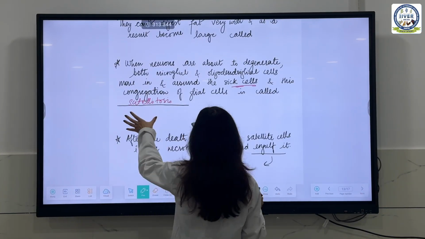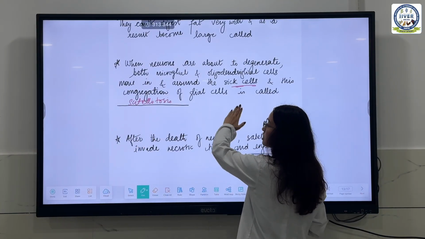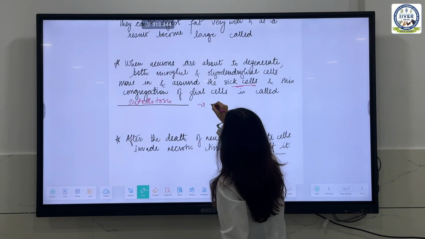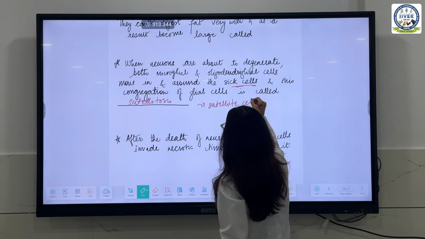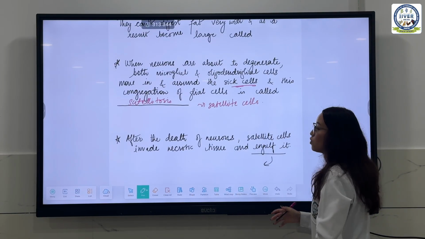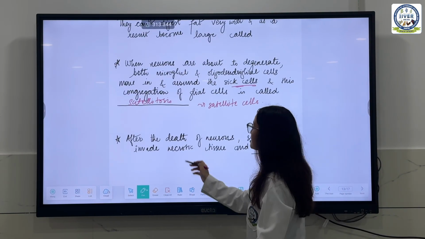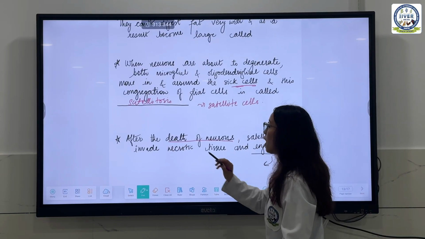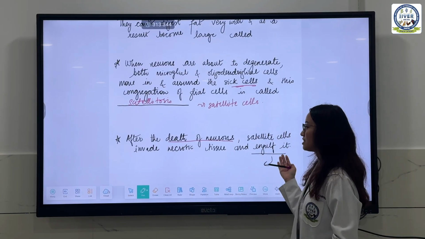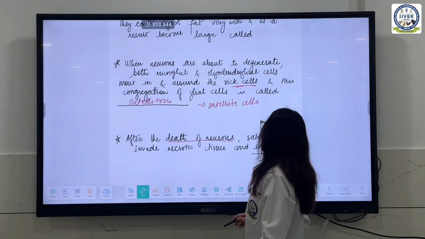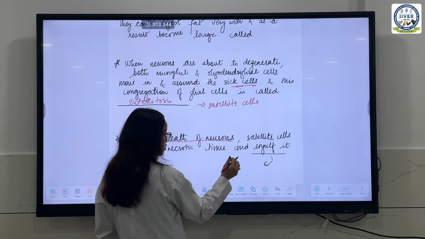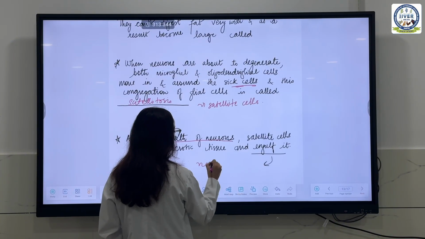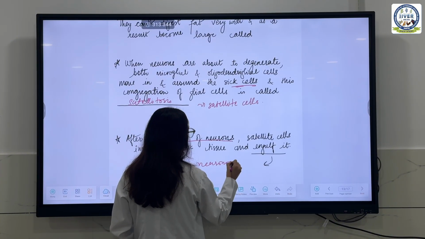The cells involved in the formation of this congregation of glial cells are satellite cells. Now, after this, there is death of the neurons. After the death of neurons, satellite cells invade the necrotic tissue and engulf it. This process is called neuronophagia.